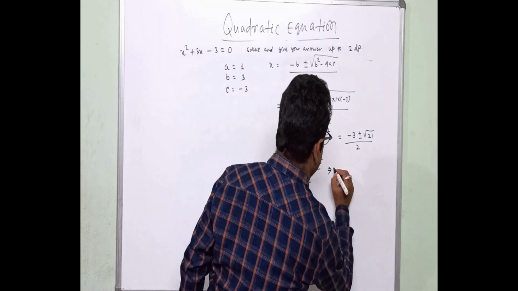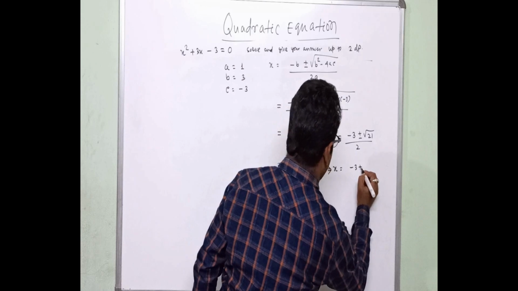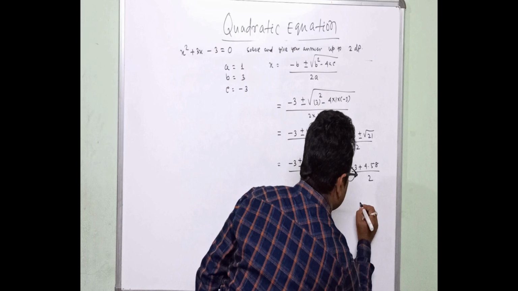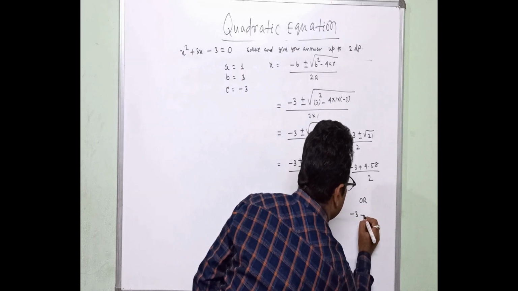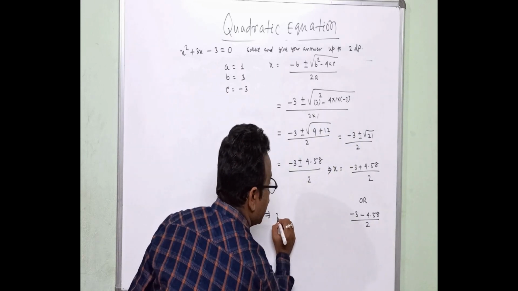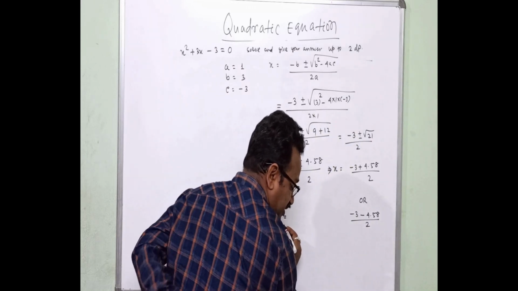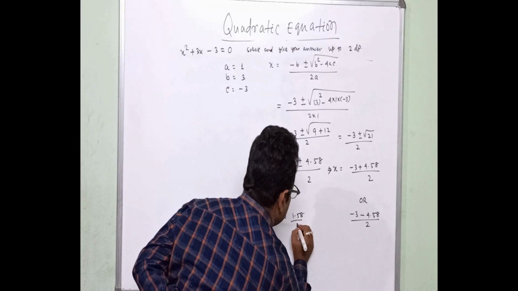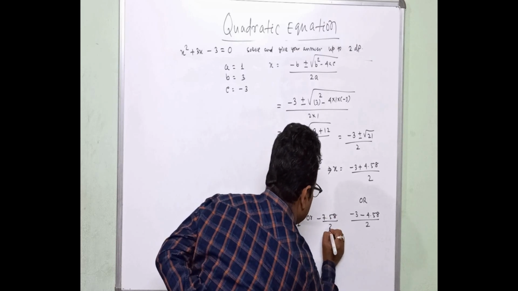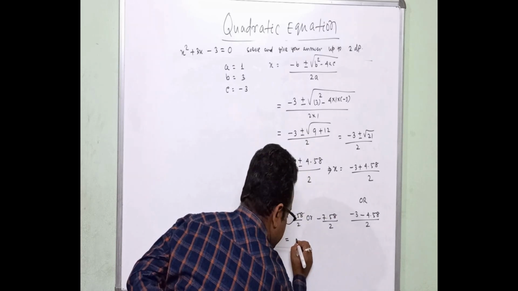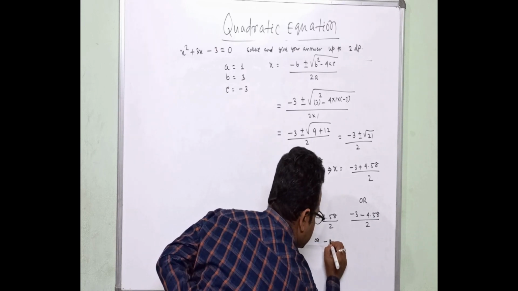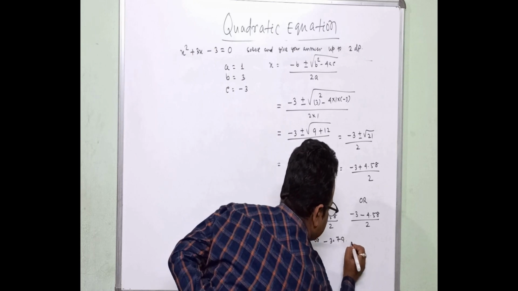That implies x is equal to minus 3 plus 4.58 by 2, or minus 3 minus 4.58 by 2. That implies x is equal to 1.58 by 2 or minus 7.58 by 2. That is equal to 0.79 or minus 3.79. Answer.